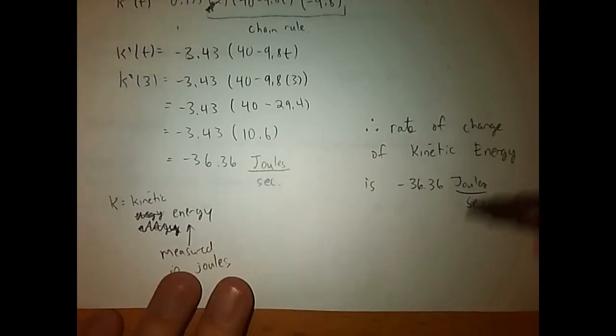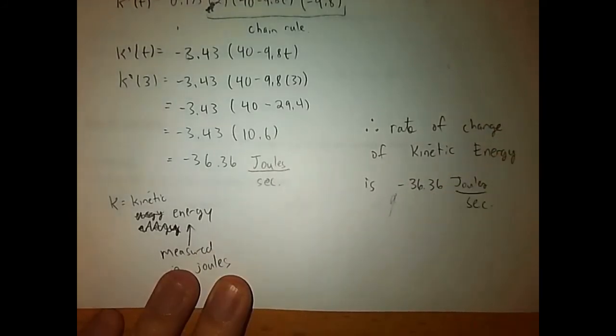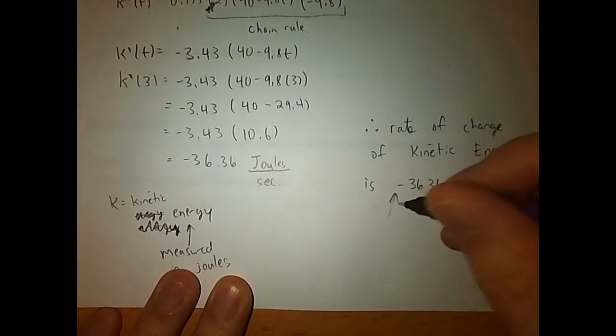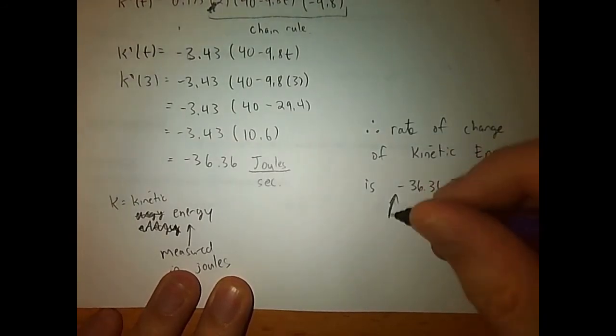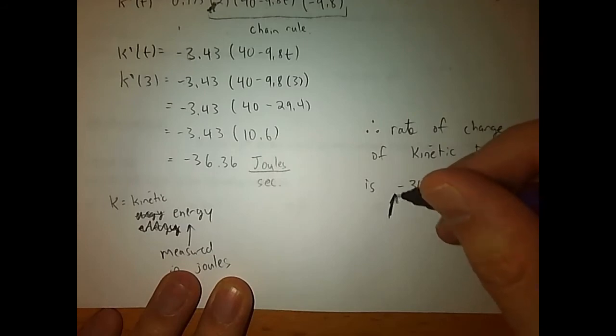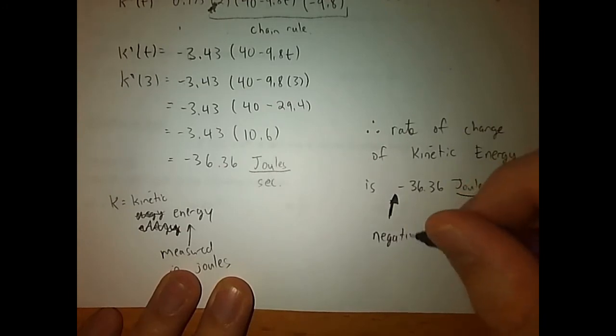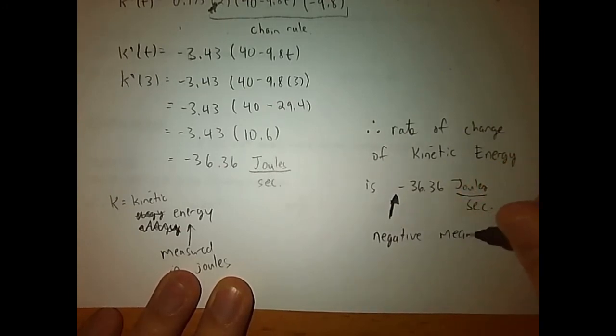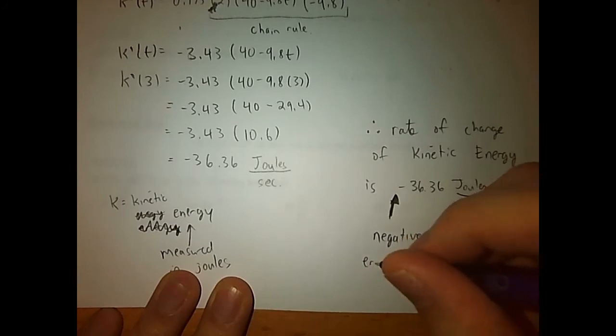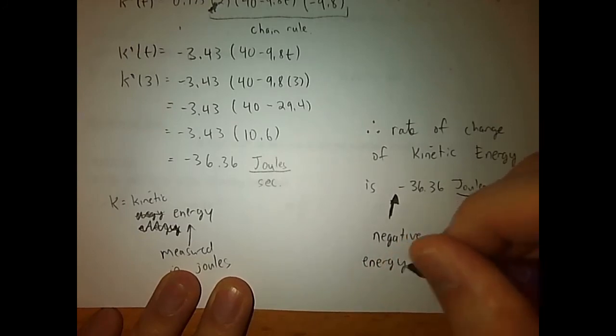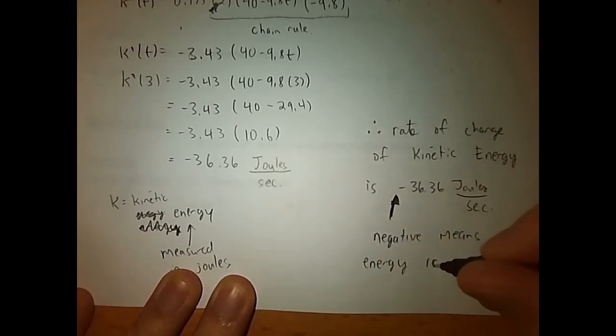And I want to make note that this negative in the front, what does this negative imply? Well, we said for a lot of our work, we have to give a direction, but in this case, our negative is the fact that in terms of energy, we are losing energy, or the amount of energy is decreasing.